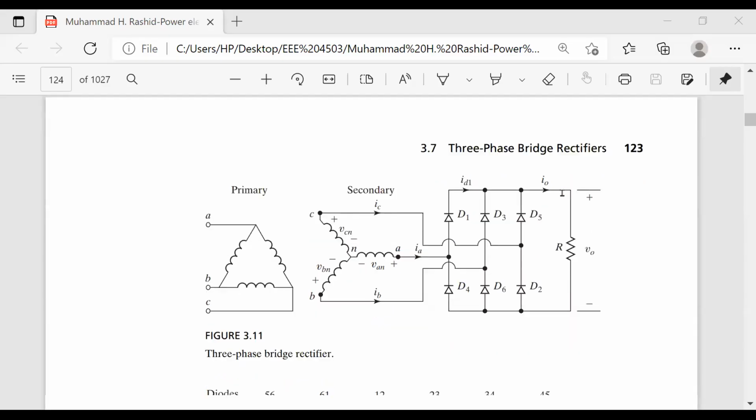Can you see the book now? Hello? No, sir. It's not visible. No, sir, not yet. Very good. Can you see it now?